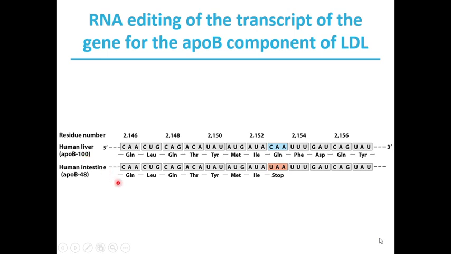An APOBEC cytidine deaminase found only in the intestine binds to this mRNA at the codon CAA, which codes for glutamine in this case, and converts the cytidine to uracil. As a result, a stop codon emerges. So ApoB48 that is produced in the intestine from this modified mRNA is a truncated form of ApoB100.